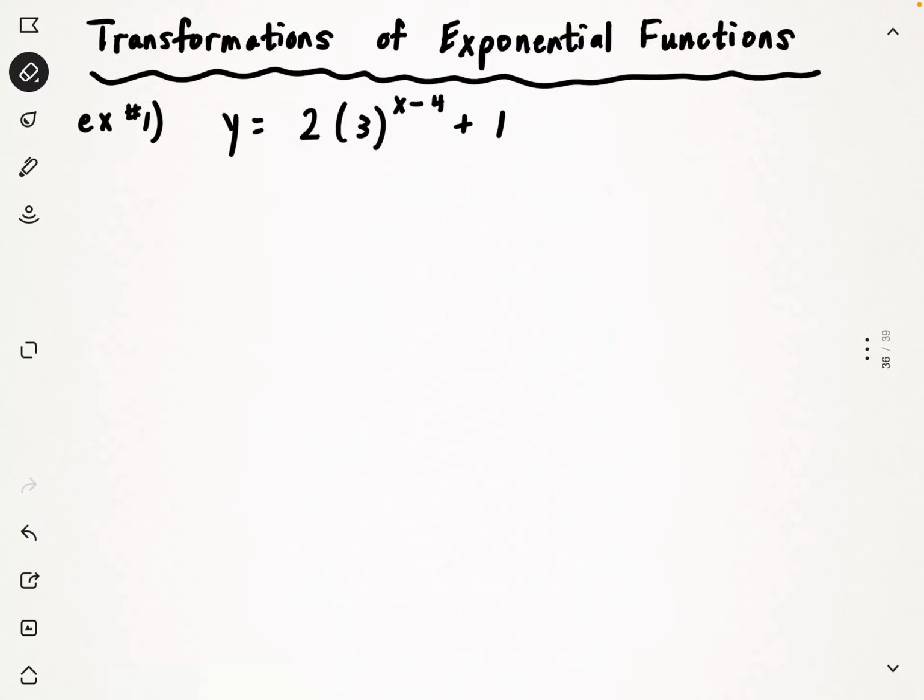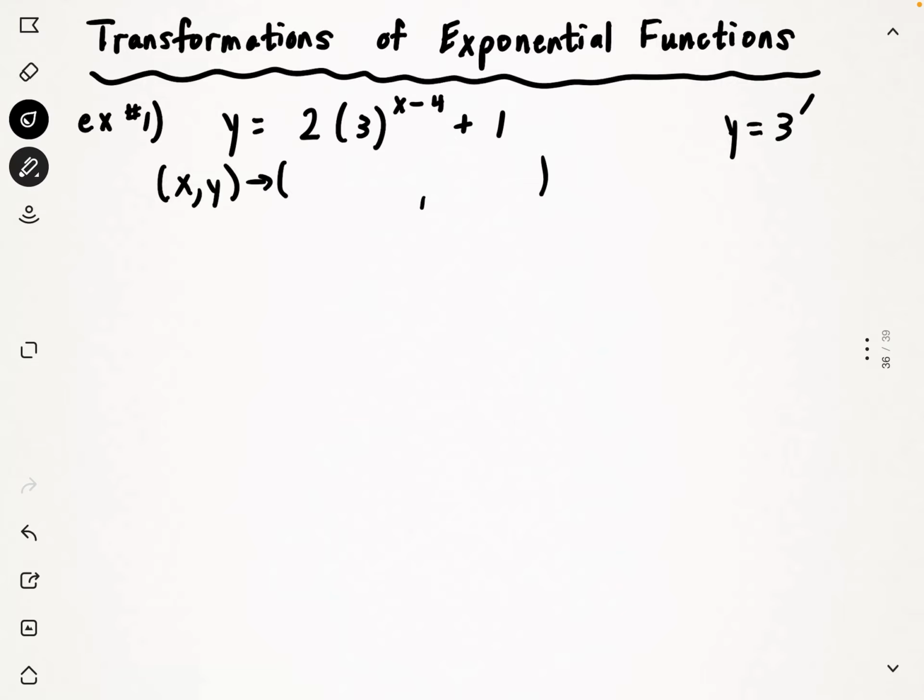And of course, anytime you have a transformation equation and you're asked to sketch the function, the very first thing you want to try to do is to make a mapping notation. So we're going to do that right now. But something about this, you want to make sure that the number 3 does not appear in your mapping notation, because what we're doing is we're translating this basic graph of y is equal to 3 to the power of x.